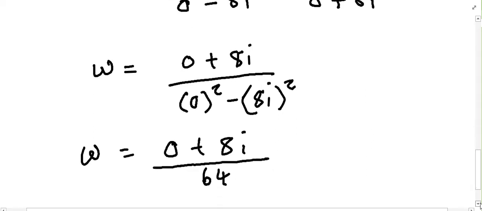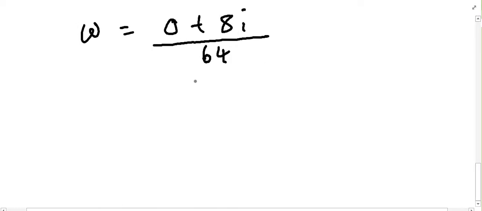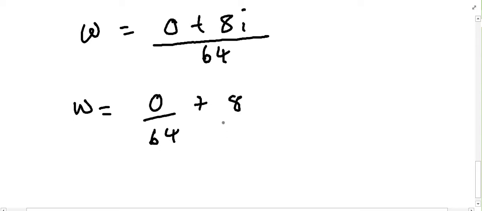So this fraction can simply be split into 2. You're going to have W is equal to 0 over 64 and then plus 8 over 64i.